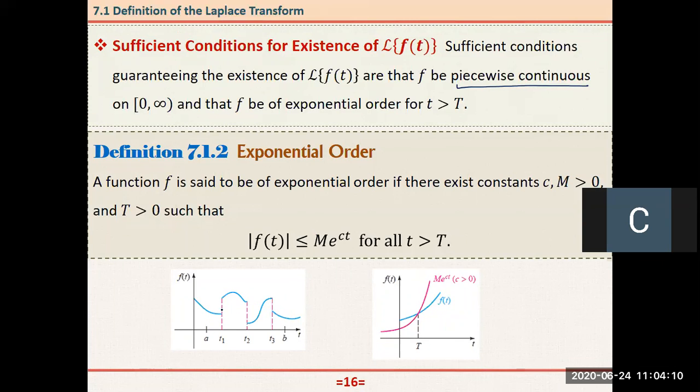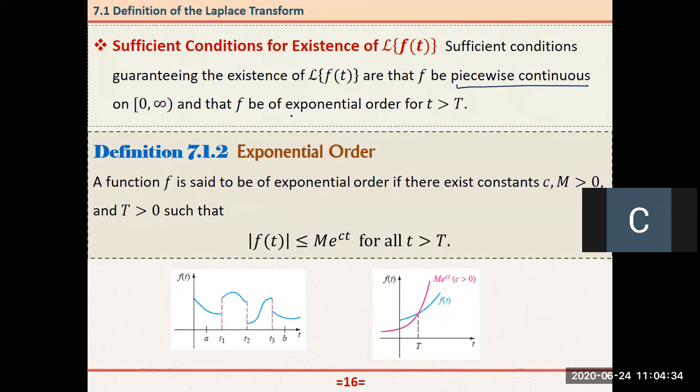Maybe at this point it is not continuous, maybe at this point it's not continuous. But if I can divide the interval into finitely many subintervals so that over each subinterval the function is continuous, then we say that the function is piecewise continuous over the given interval.